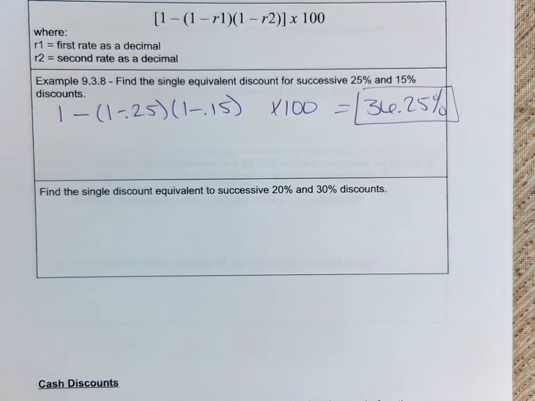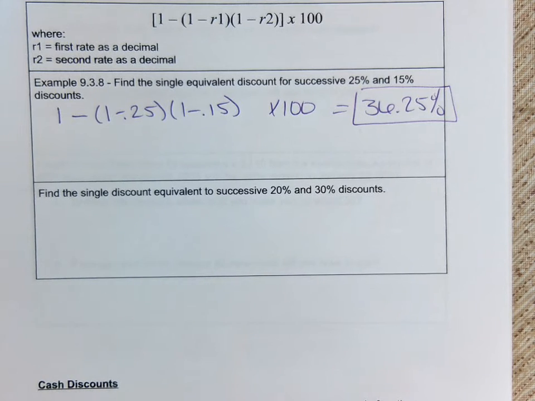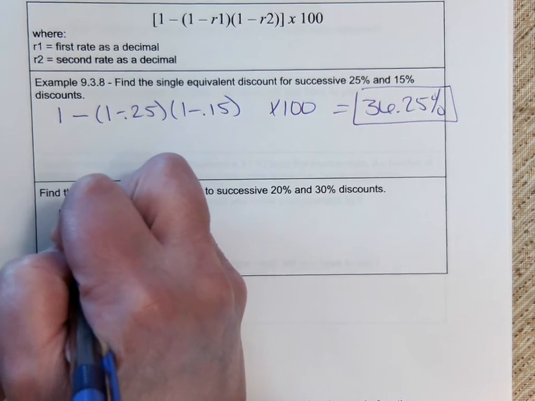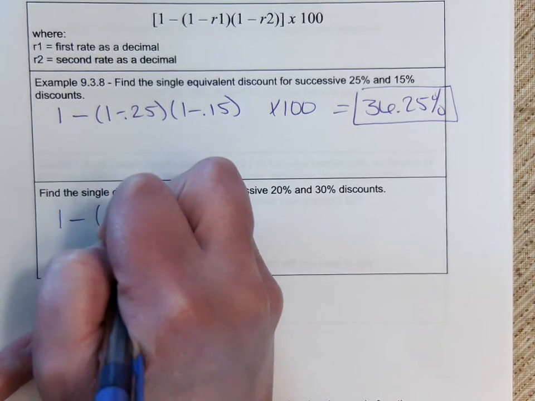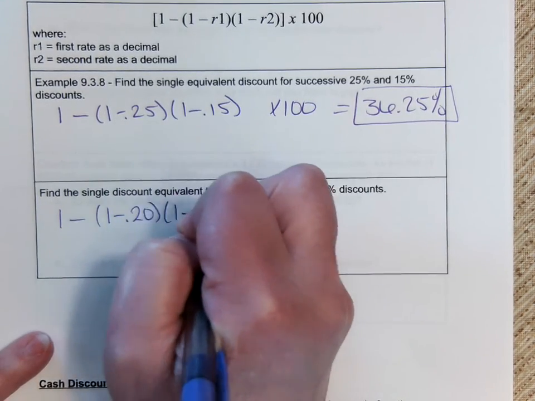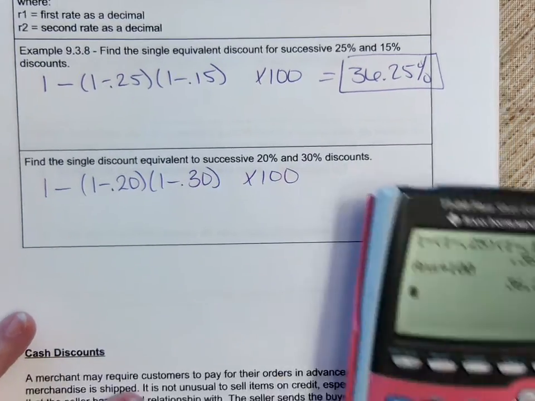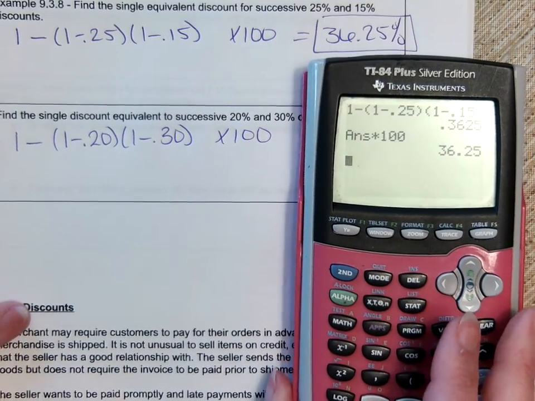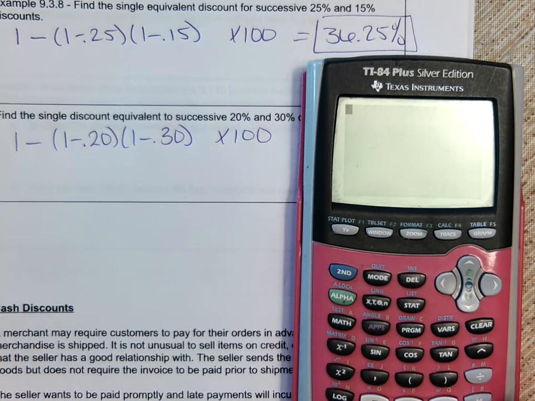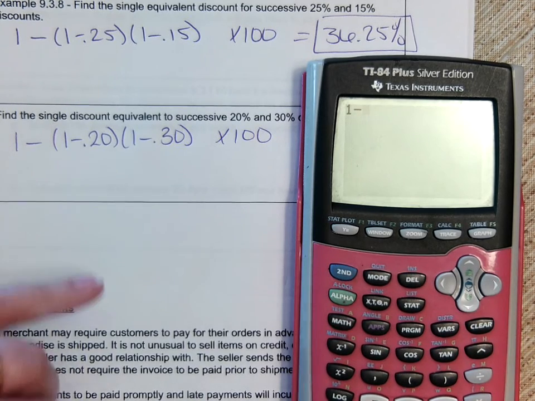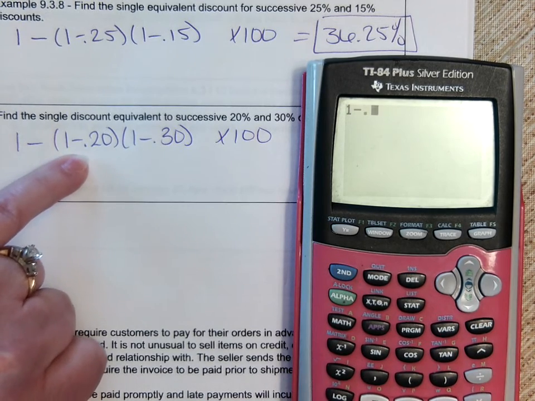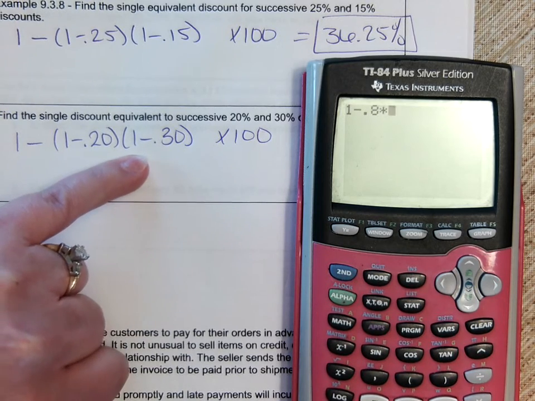Let's try one more of those. Single discount equivalent of successive 20% and 30% discount. So 1 minus 0.20 times 1 minus 0.30, and then we'll times by 100. To make your life easier, if you want to do 1 minus, and then 1 minus 0.20 is 0.8, and times 1 minus 0.30 is 0.7.